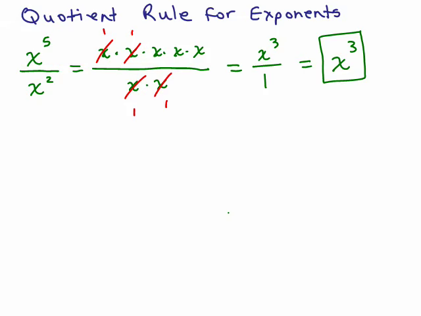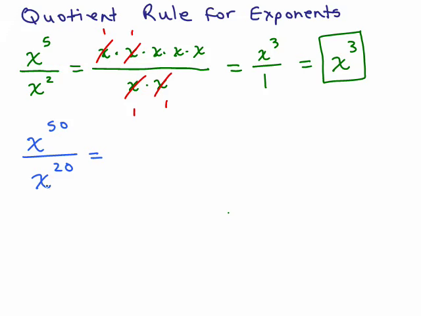So let's see. What if it was x to the 50th over x to the 20th? Well, I could write out 50 x's and 20 x's in the denominator, but I don't have space on here. So I have to think, what would happen? If I wrote 50 at the top and 20 at the bottom, 20 would cancel out of the top, and at the bottom I'd have 1 again, and I'd be left with 30 at the top.